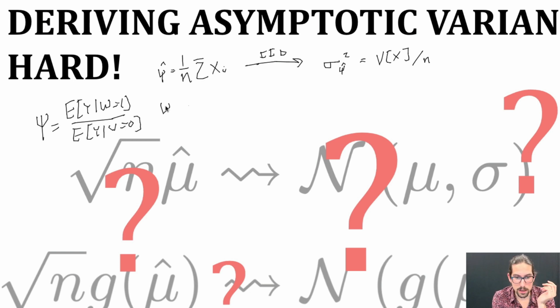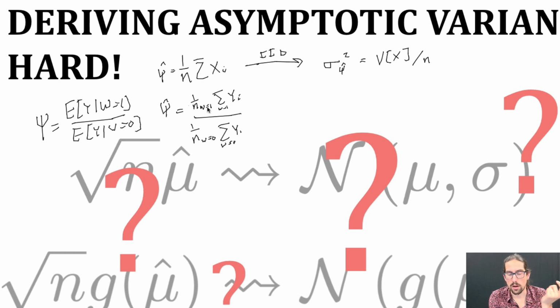And so the plug-in estimator for that mathematically looks kind of complicated. It's 1 over the number where w equals 1, summing over all the cases where w equals 1, yi, and then 1 over the count where w equals 0, summing over the cases where w equals 0, yi.